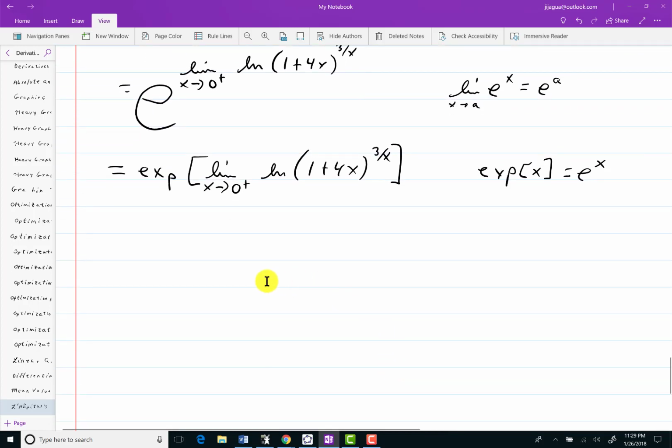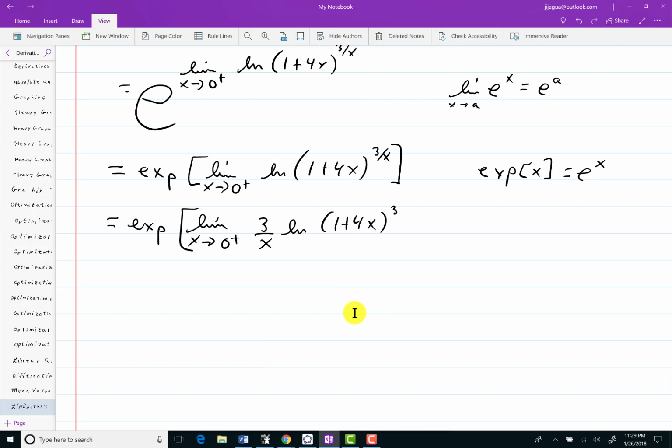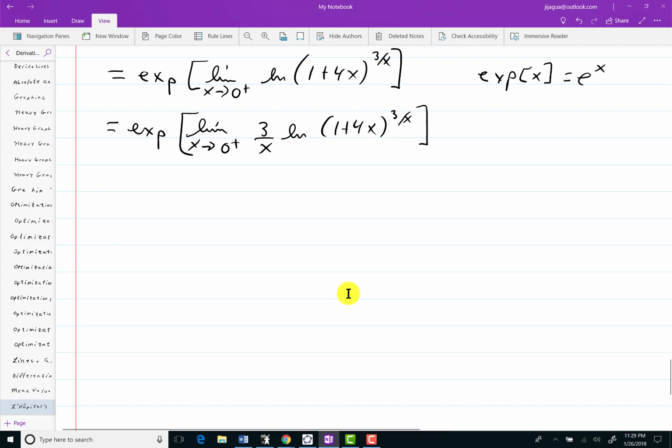All right, the beautiful thing about this is, first of all, this thing just kind of hangs around till the end of the problem. And watch what happens inside of the brackets. I'm going to take this 3 over x and bring it out front. Now, in the future, I'll do this a lot faster than I am right now, but I want you to see each and every step.